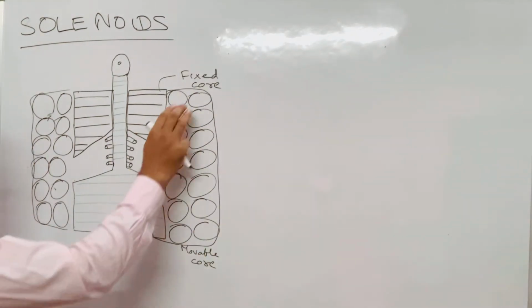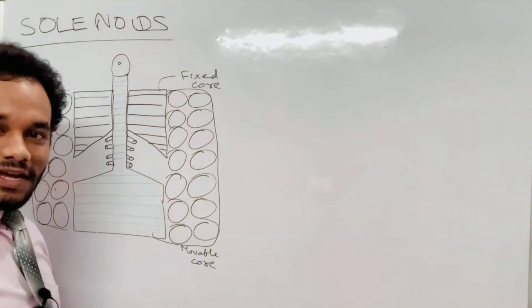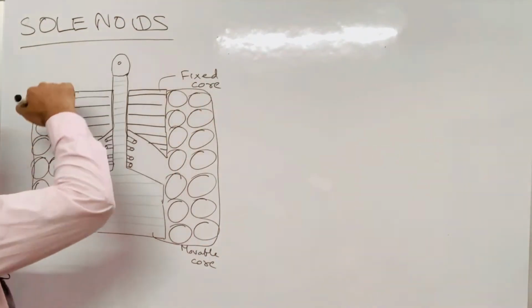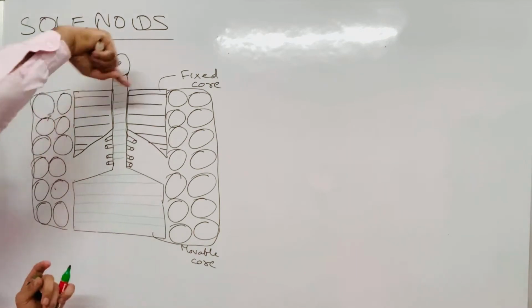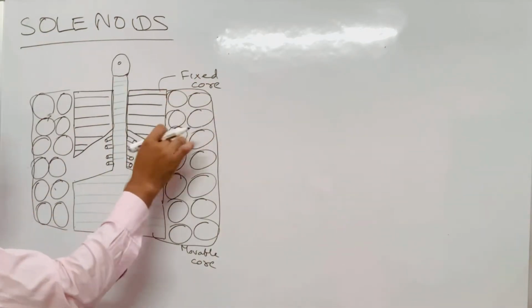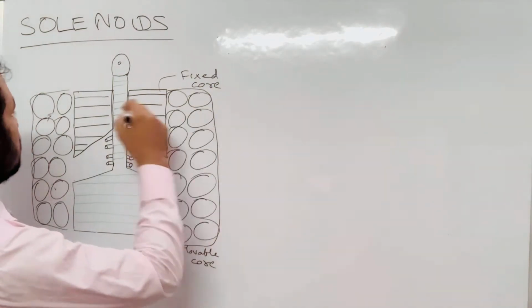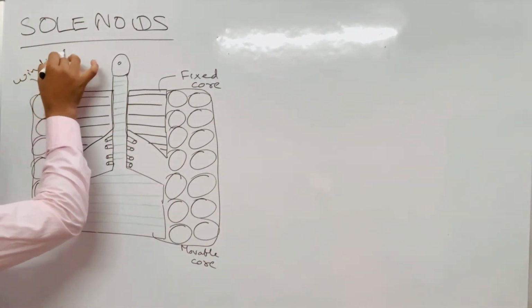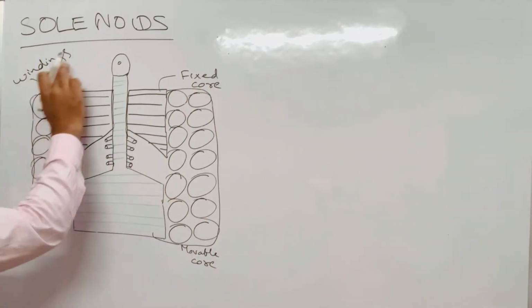These circles represent the cross sectional area of the windings. Do not think of them as zeros. These are the windings which are wound like this. I am just showing the cross section, that's why you see them as circles. This side and this side are the windings.